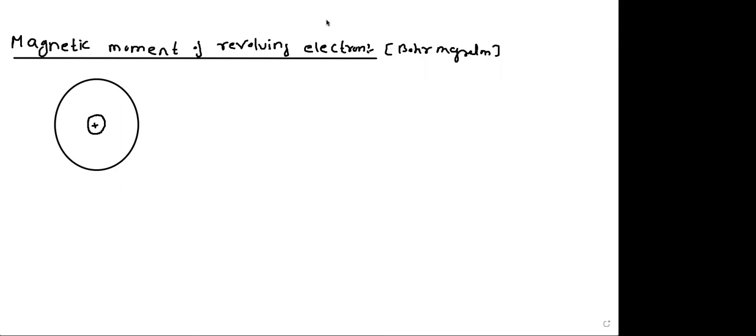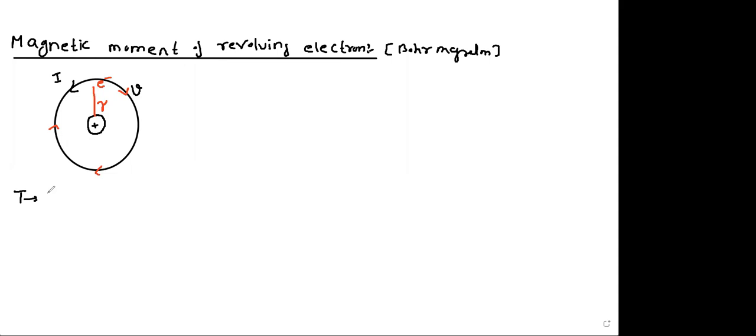Around this nucleus there is a single electron revolving. The radius of the orbit is r. Since the electron is moving, due to its motion the system will have current. The direction of current is opposite to the direction of motion of the electron. So if it is moving clockwise, then the current is anti-clockwise.